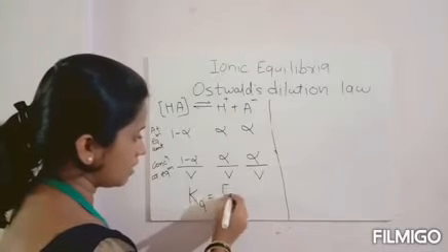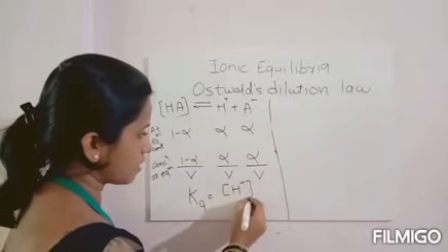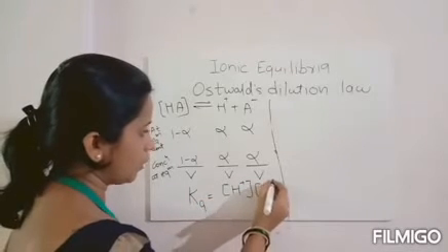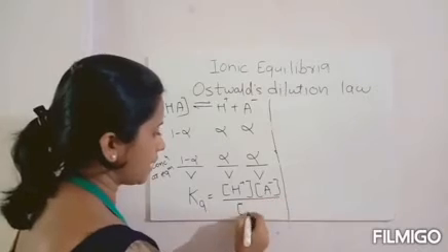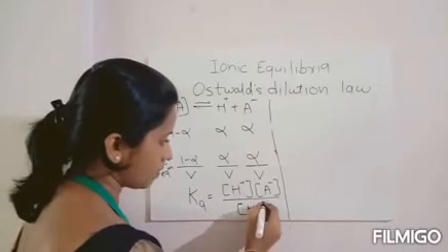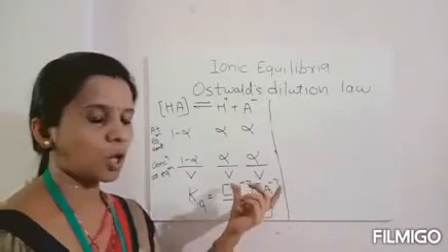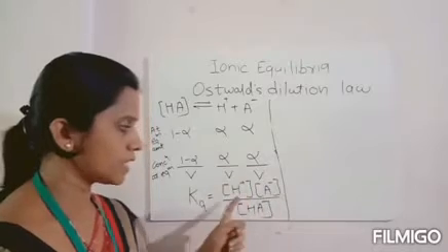Ka is H plus into A minus divided by HA, that is, the concentration of each of these terms.